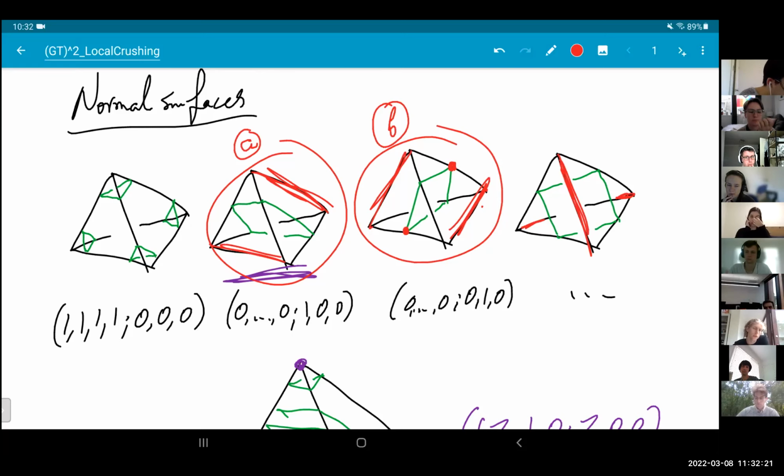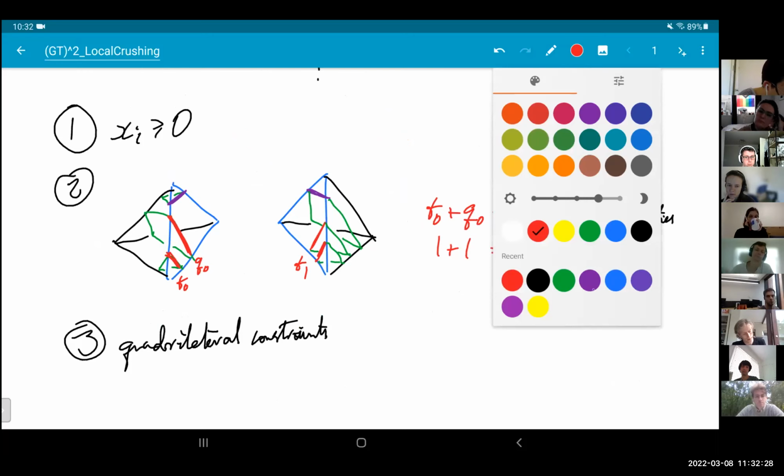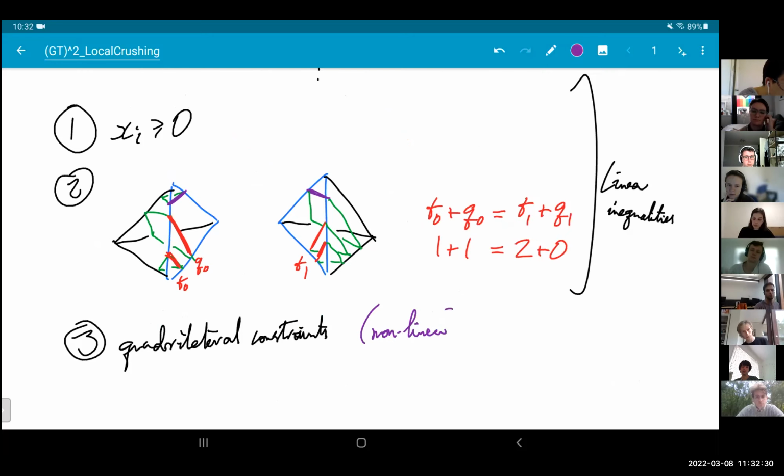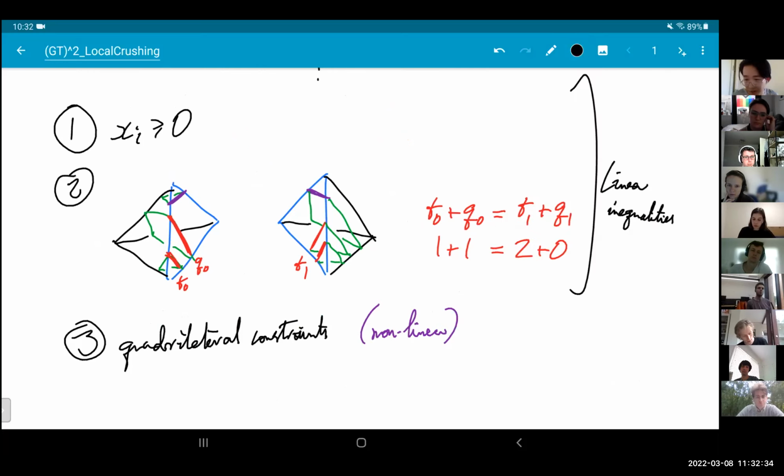So that's a necessary condition, which is nonlinear, which is important for computational reasons, but possibly I won't have time to actually say why. Okay, these are a bunch of necessary conditions and the claim is they're sufficient.